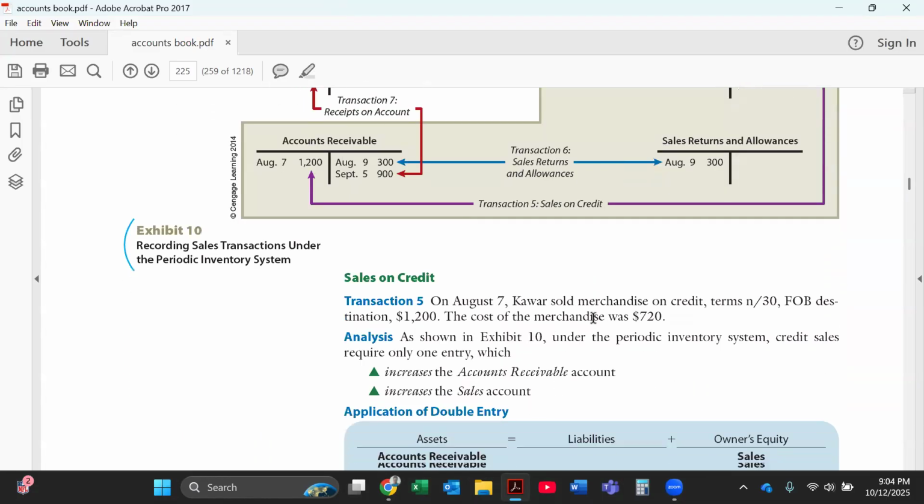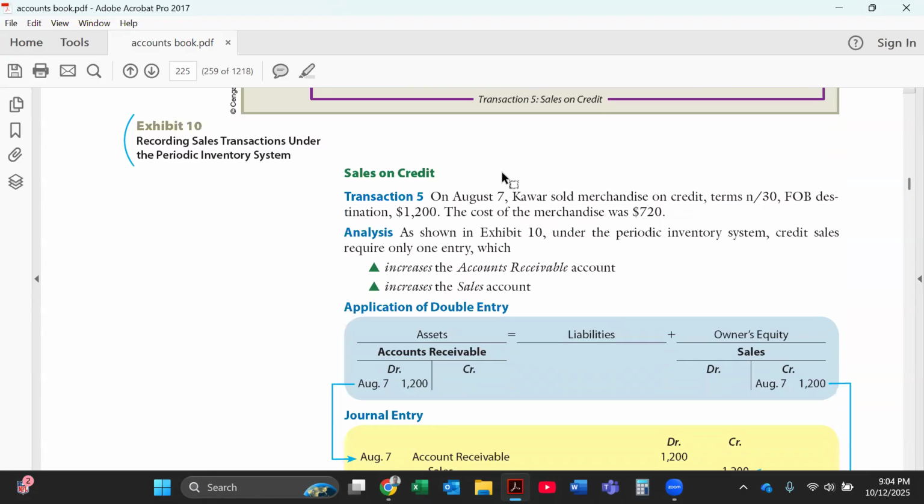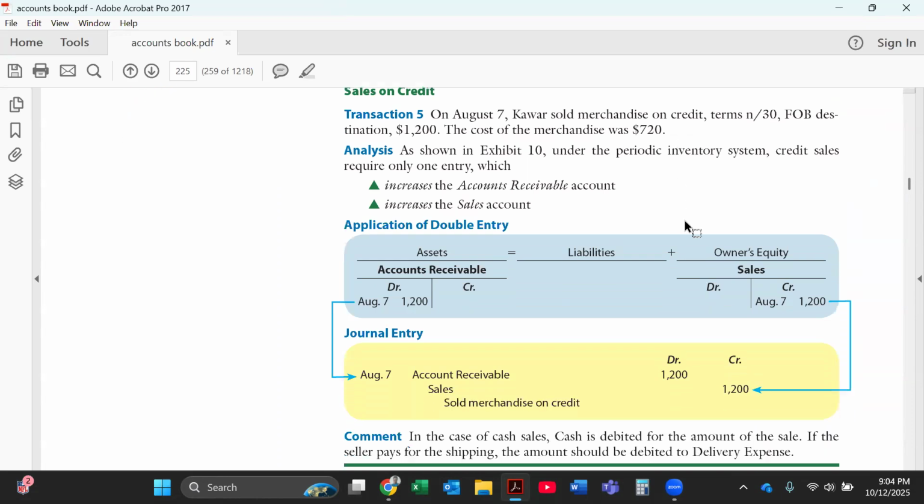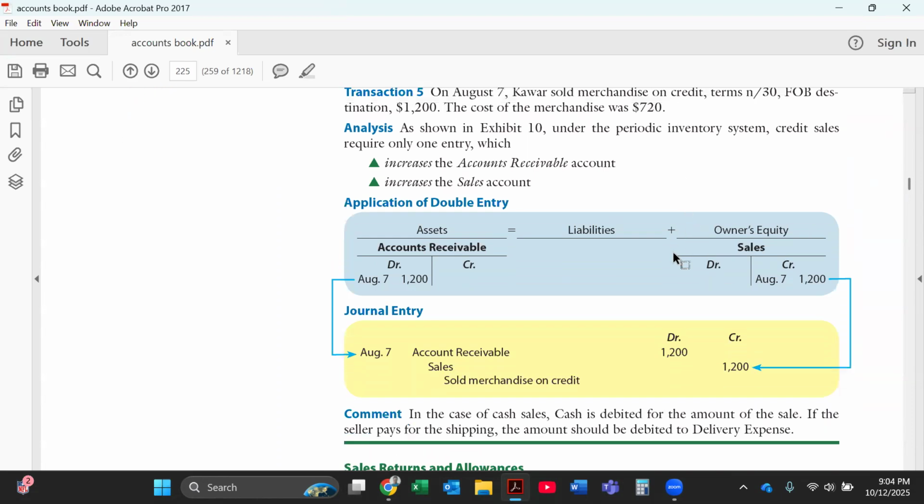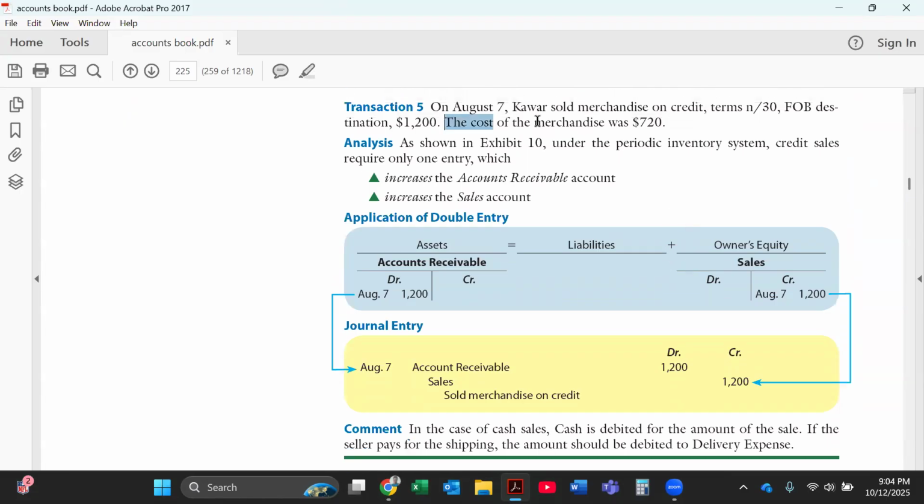The sales side of it, sales on credit. It says on August 7th, Kawa sold merchandise on credit, FOB destination, $1,200. The cost of merchandise was $720. Well, in this case, because it's the periodic method, I am not doing anything with the cost of merchandise. That's $720. I don't touch it because again, I'm not updating inventory every time.